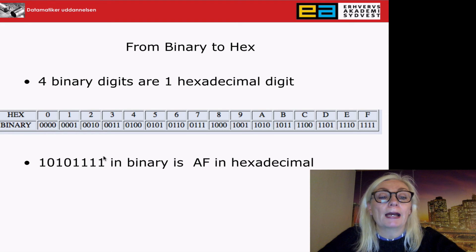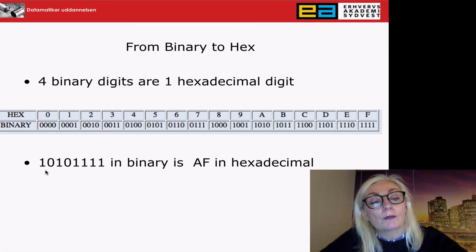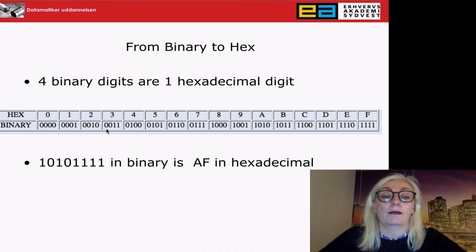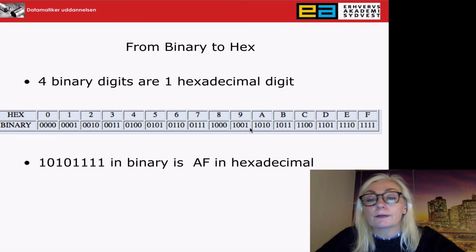And I start from the back and I take the first 4 and see what is the hexadecimal value of 4 ones, and I go up here and I see, okay, that's F. So that is the last digit, F. And then I take the next 4, which is 1, 0, 1, 0, and I go up here and find 1, 0, 1, 0. Where is it? There. So it's A. So this is just AF.